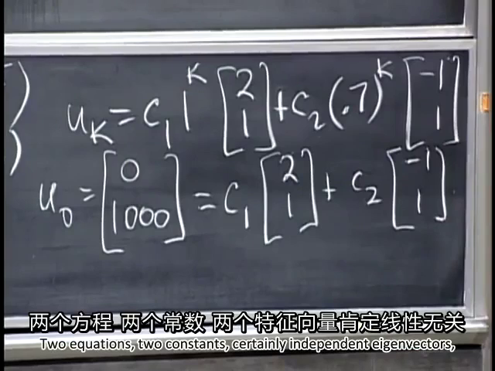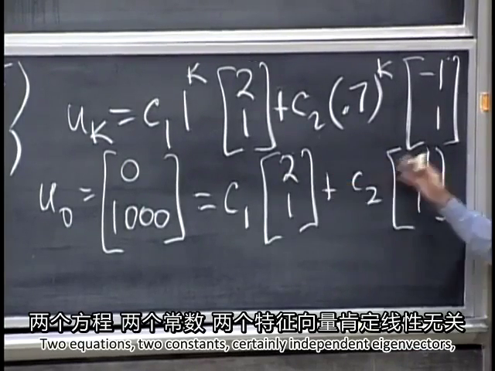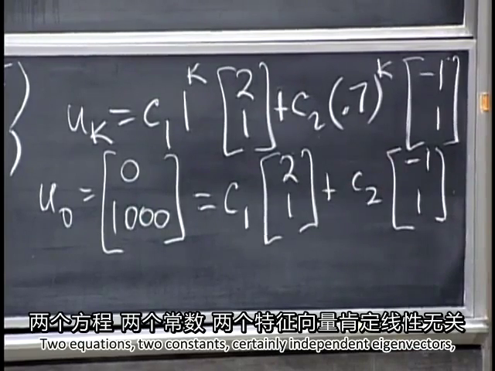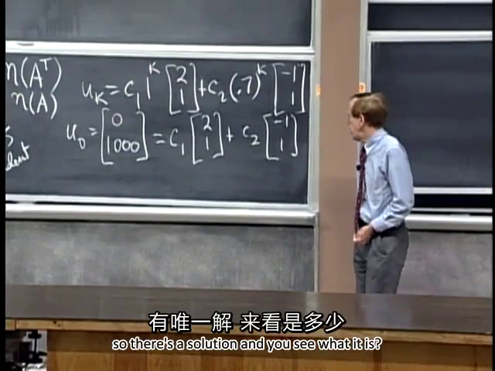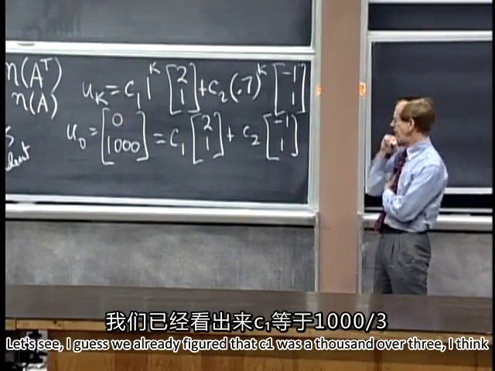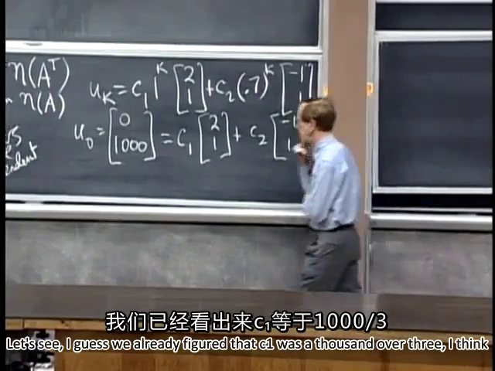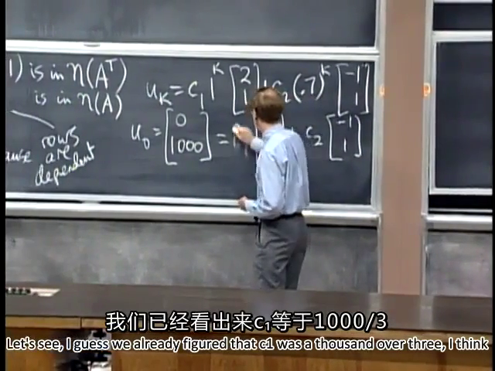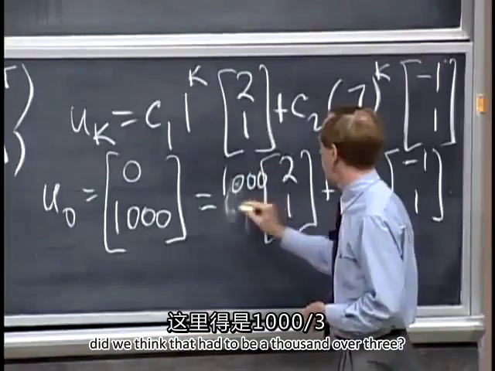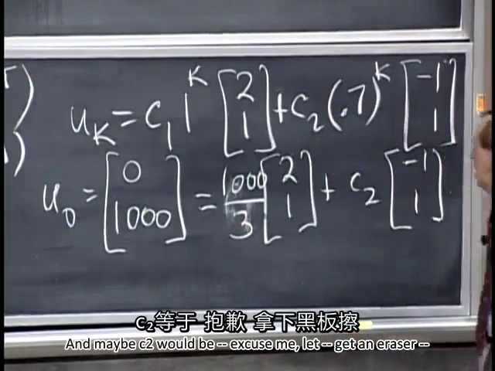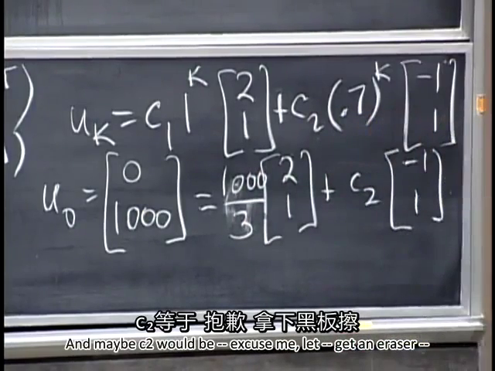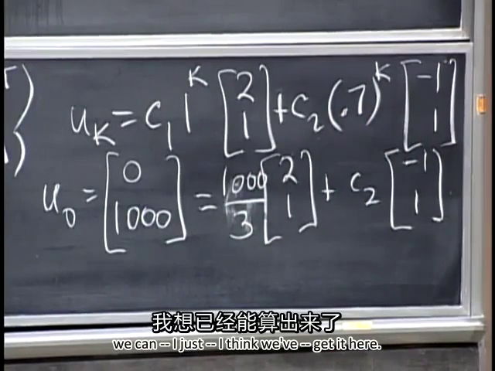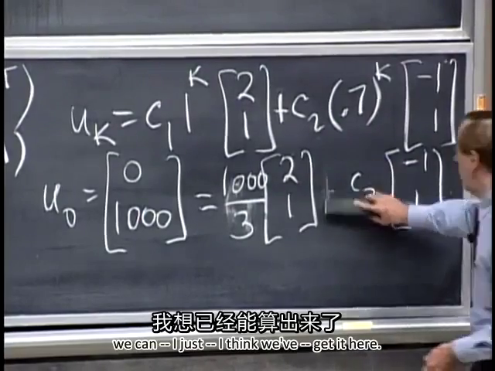Two equations, two constants, certainly independent eigenvectors. So there's a solution, and do you see what it is? Let's see, I guess we already figured that c1 was 1,000 over 3, I think. Did we think that had to be 1,000 over 3? And maybe c2, excuse me, get an eraser. I think we get it here.